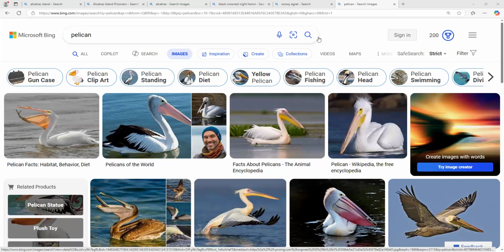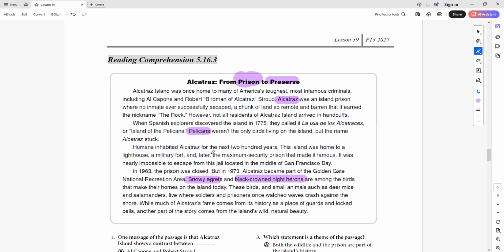Okay, so I'm going to continue the reading here. So why do they call it Alcatraz? Because Alcatraz actually comes from a Spanish word.